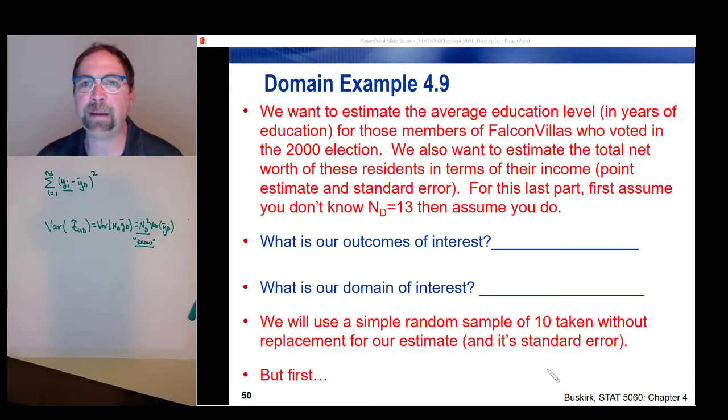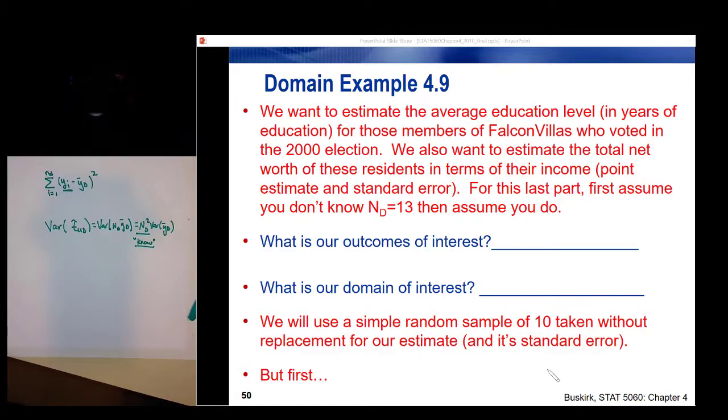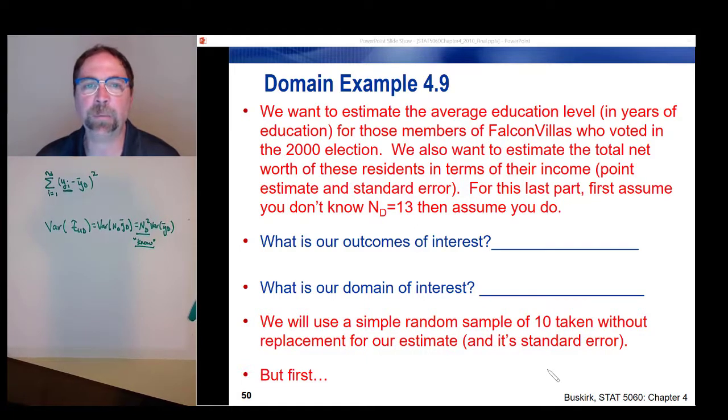We want to estimate the average education level in years of education for those members of our Falcon Villas who voted in the 2000 election. We want to estimate the total income of these residents, as a point estimate and a standard error. And for the last part, we want to assume that we don't know that n sub d is equal to 13, and then assume that you do know it.